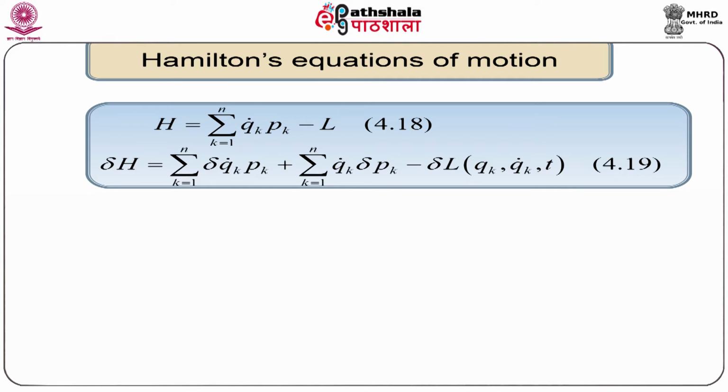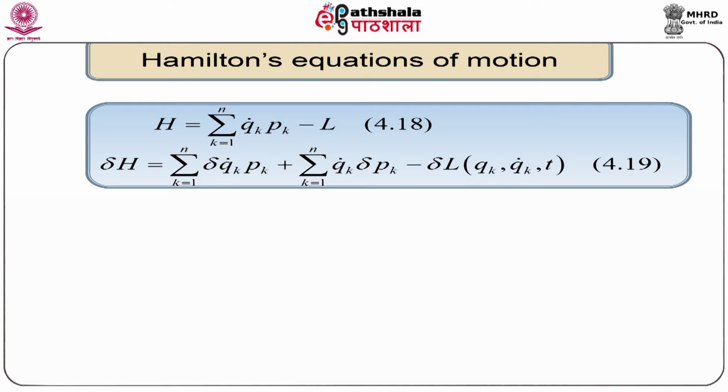So, if we consider a virtual change of the Hamiltonian H at any time t, then we get delta H equals the summation k equal to 1 to n of delta qk dot into pk plus the summation k equal to 1 to n of qk dot into delta pk minus delta L, a function of qk, qk dot and t.